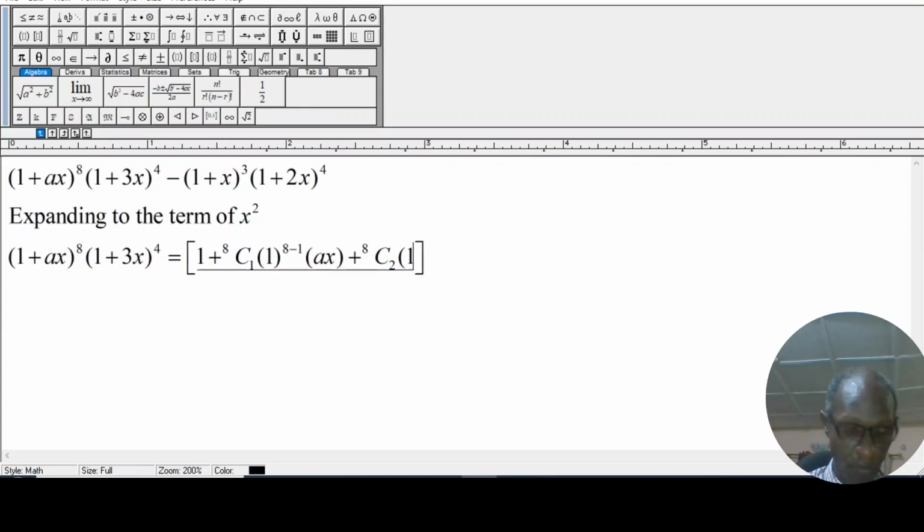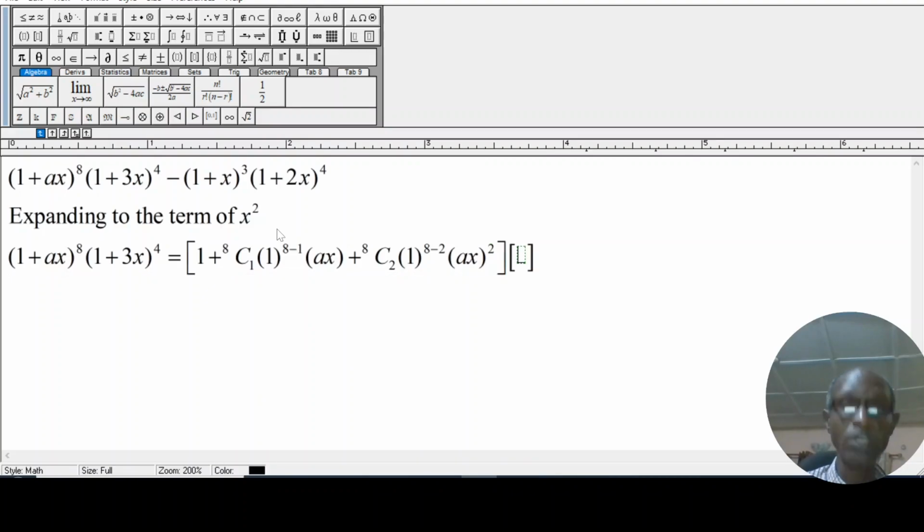So we have 1 raised to 8 minus 2. I'm just doing this so that it will not look like you don't understand it. But if I were working, I would just go straight. Then ax all squared.